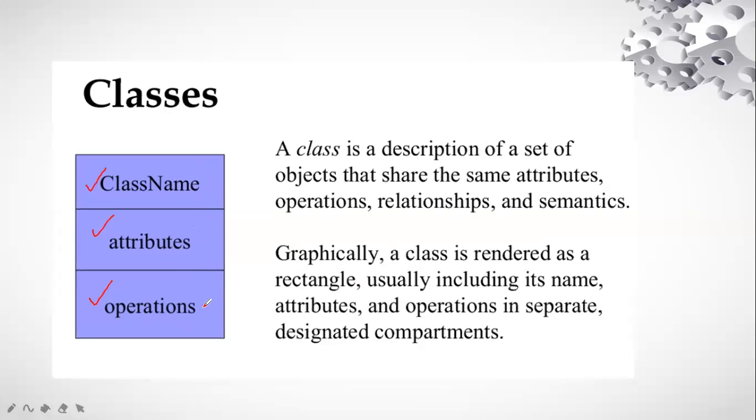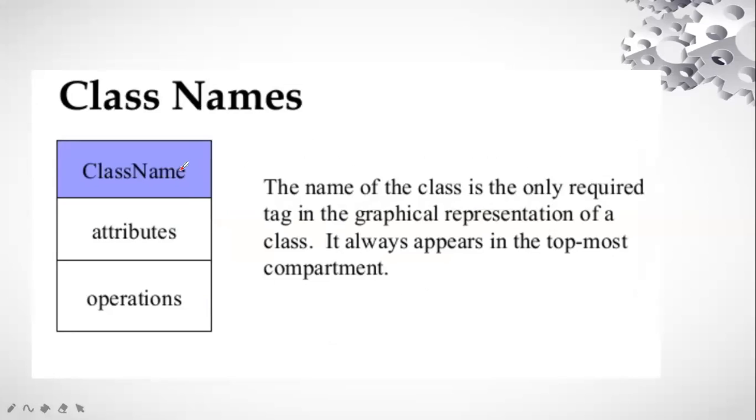Now let's see the class name with an example. Say we have a class called vehicle. Vehicle is just a concept, an abstract form.